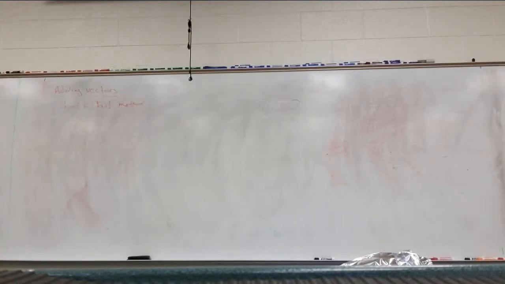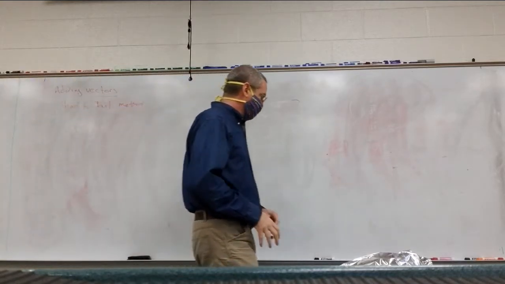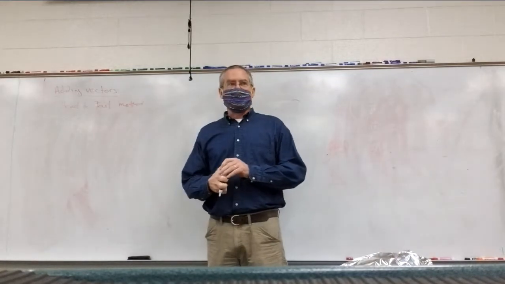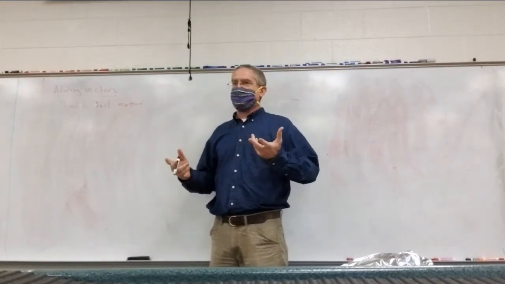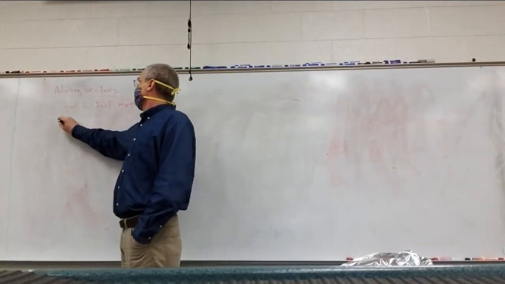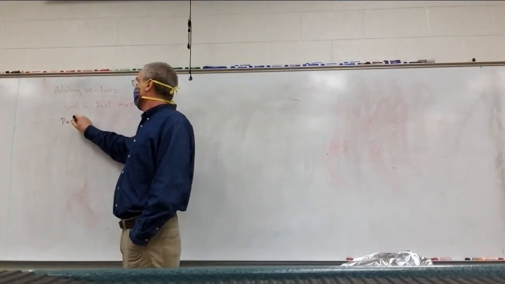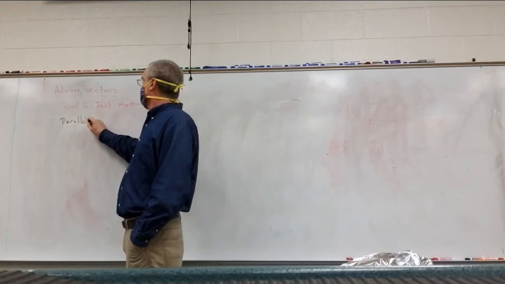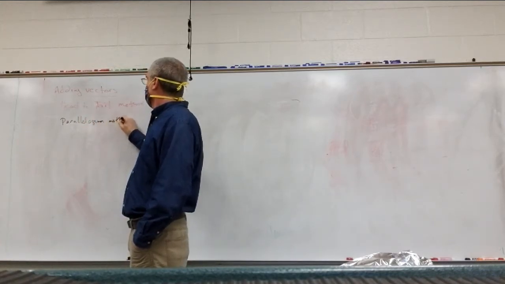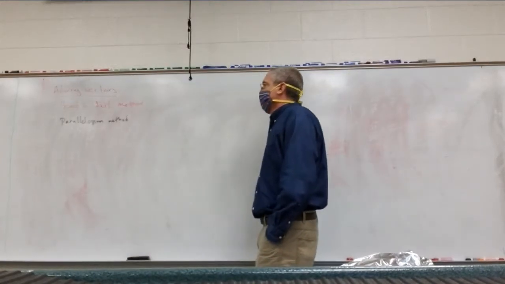Now the textbook does what they call the parallelogram method, which is a variation of the head to tail. Parallelogram method works fine if you have just 2 vectors, but if you're adding more than 2 vectors, it becomes a nightmare. But I am going to talk about the parallelogram method.